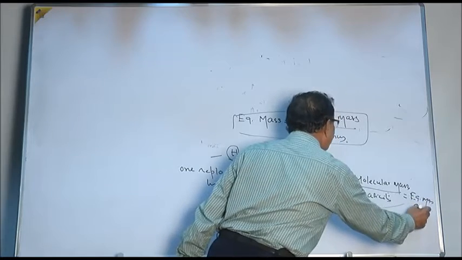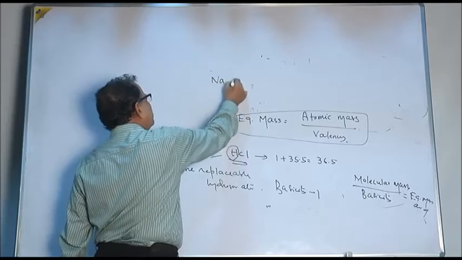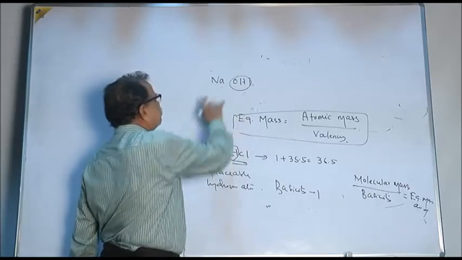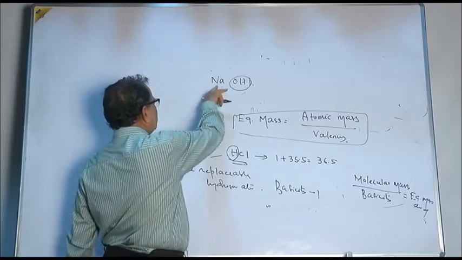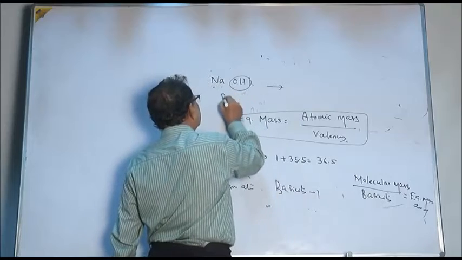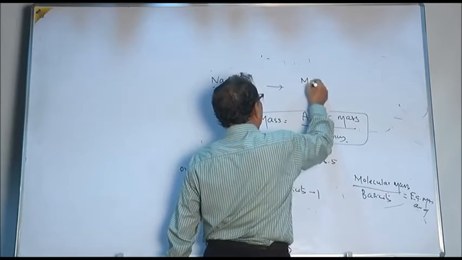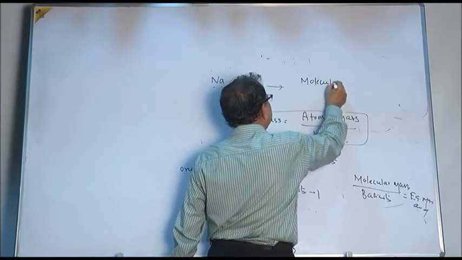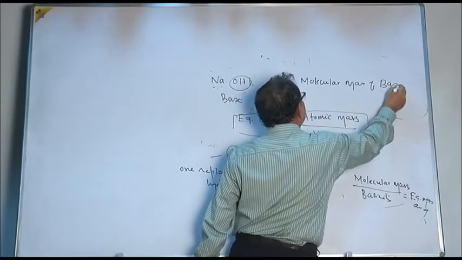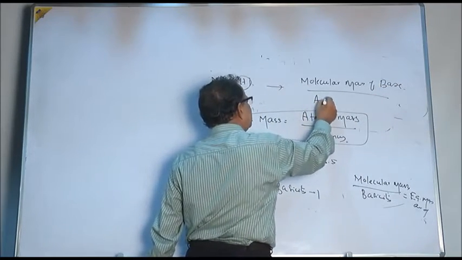Similarly for a base, sodium hydroxide NaOH contains one OH group, so acidity is 1. In case of a base, the equivalent mass is the molecular mass of the base by acidity.